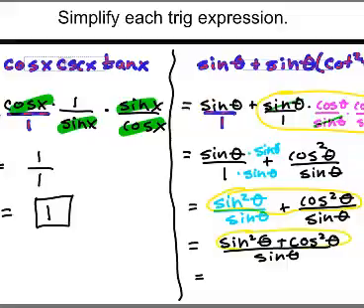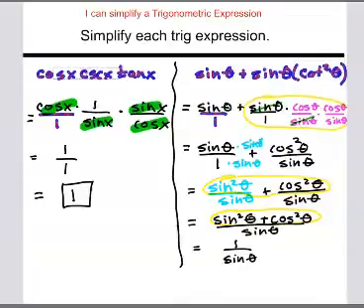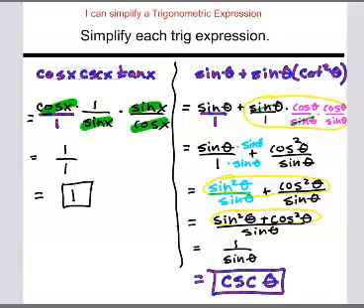This is equal to 1 over sine. And 1 over sine is equal to cosecant. And again, I don't think I'm going to get much more compact than that. So we're just trying to make these look as simple as possible.